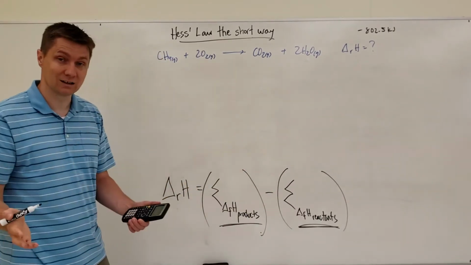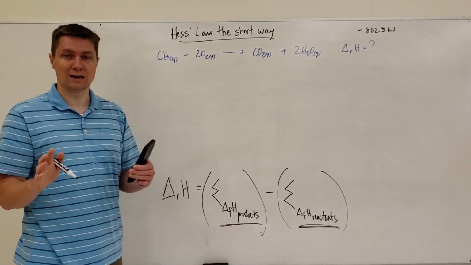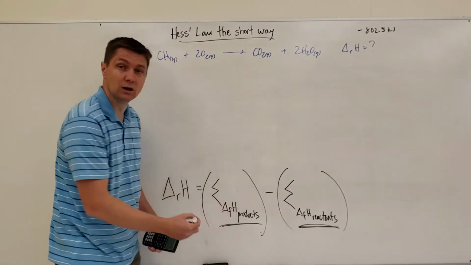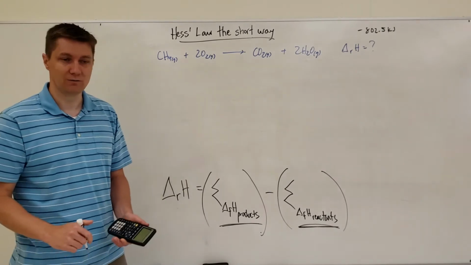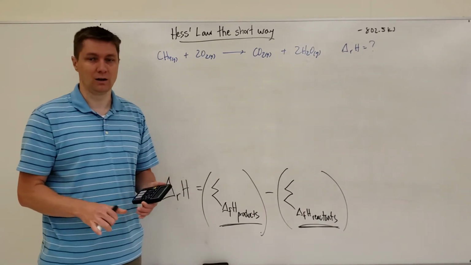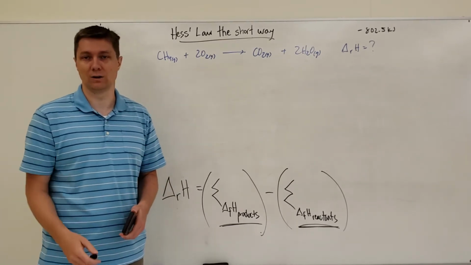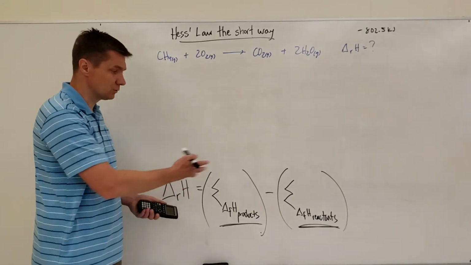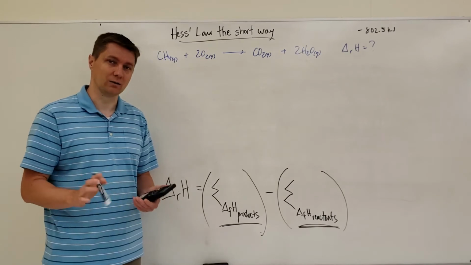And the last thing to keep straight is that you can only do Hess's Law the short way if you have heats of formation for each of the substances within the chemical reaction. If you do not have heats of formation for those, you cannot do this method, and likely there are other reactions given to you where they're trying to get you to do Hess's Law the long way. So this is what you need to watch out for as you identify when to use this.